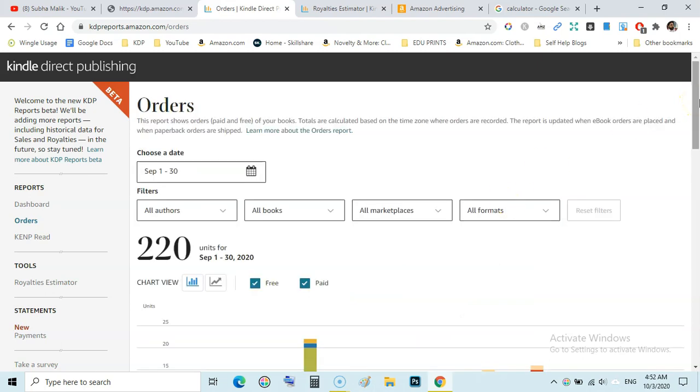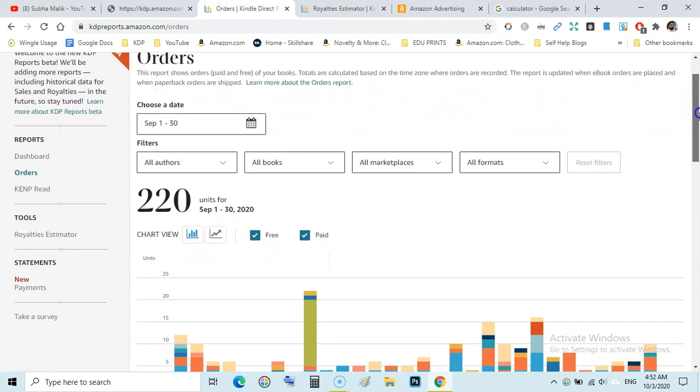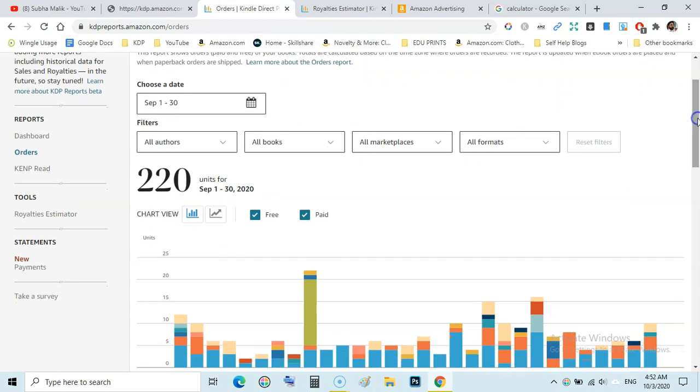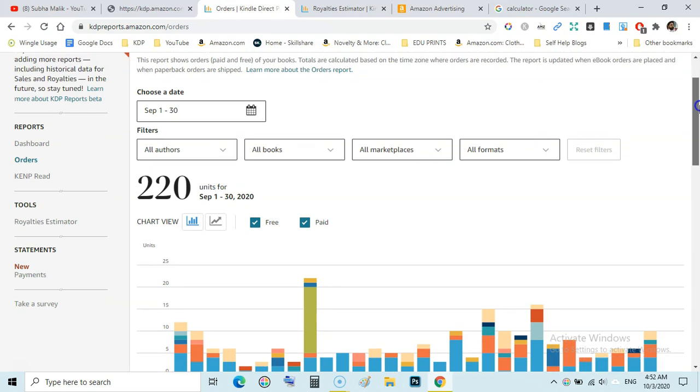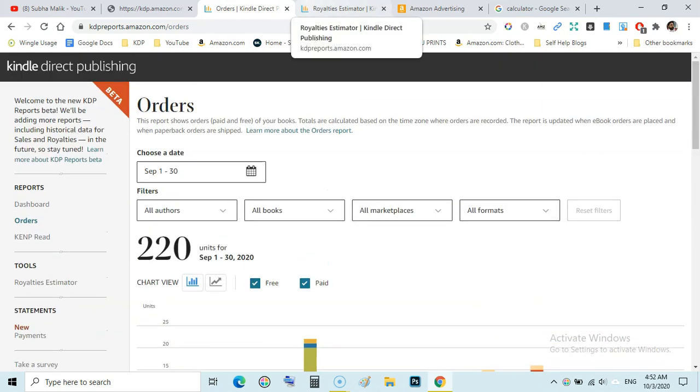So overall I sold 220 units, and you can see the dip during the first week and the second week. The first 2 weeks were on average very slow, and the second 2 weeks were a bit good. So overall I sold 220 units, and let's see the royalties.